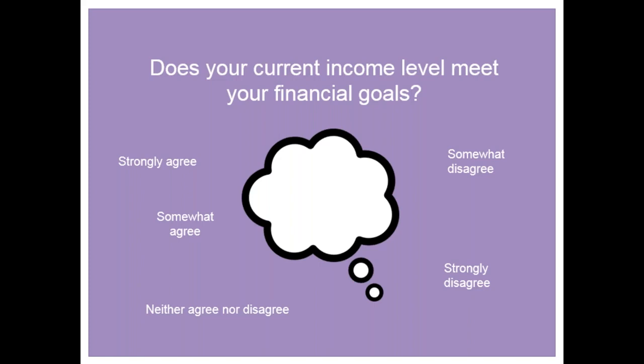We have to make sure that whatever it is that we're doing to generate income, that it's helping us meet our financial goals. Somewhat agree, somewhat disagree, strongly disagree. So it seems like we're all sort of on that spectrum, which is to be expected. So that looks good. All right, we can move on.